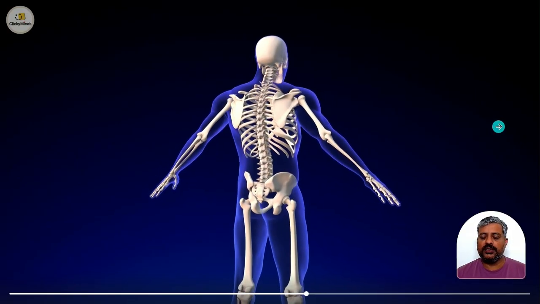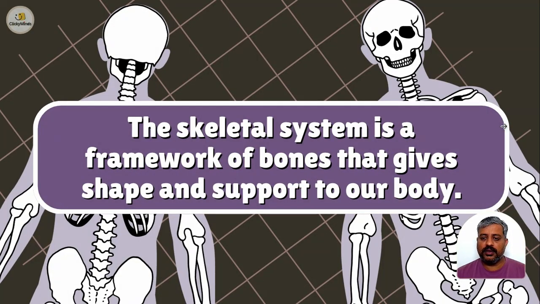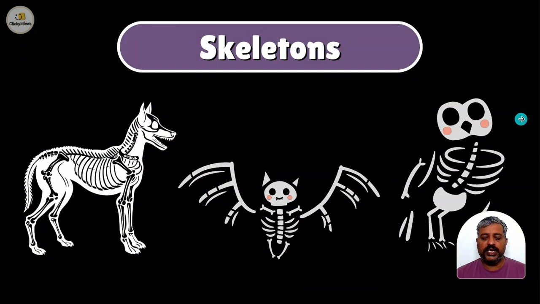Okay, so let's have a look at different organisms also. We'll see it later on. The skeletal system first is what? It is a framework of bones that gives shape and support to our body. See how. This is a dog, this is a bat, and this is an owl.